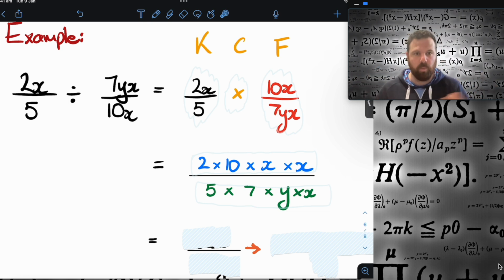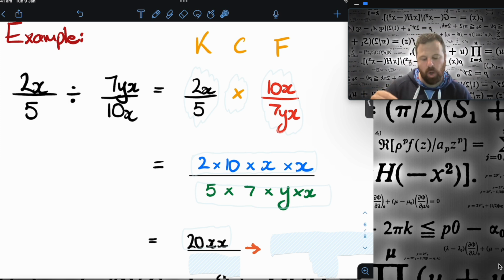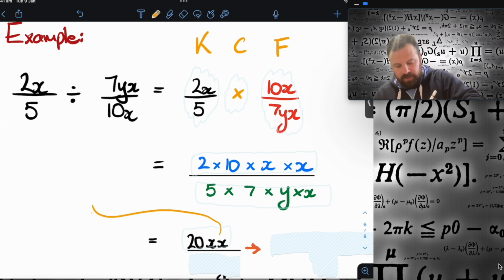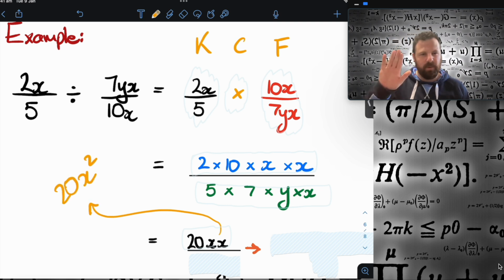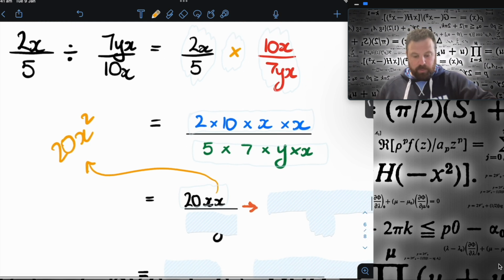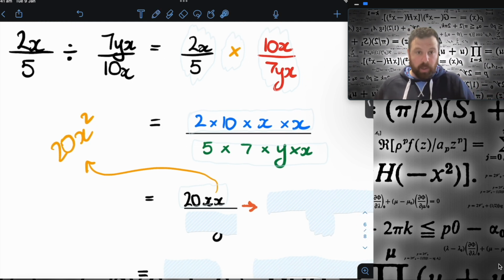Now we simplify what we can. 2 times 10 is 20, and for the moment I'm just going to leave 20xx. We know that 20xx is actually 20x squared, but I'm not going to worry about that at the moment. I'm going to leave that till the end. We're up to multiplying denominators: 35yx.